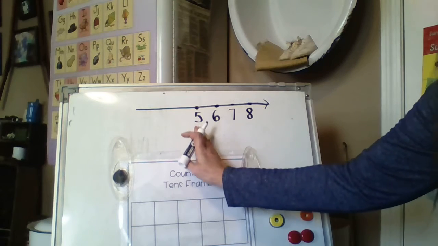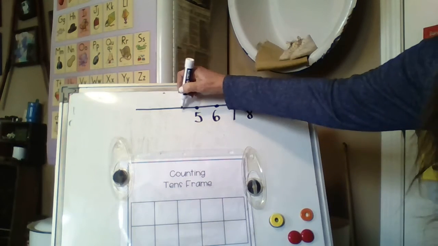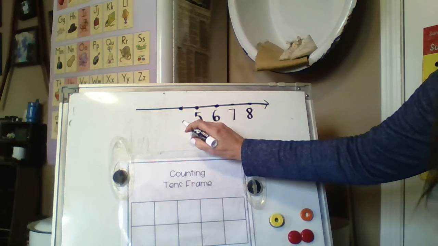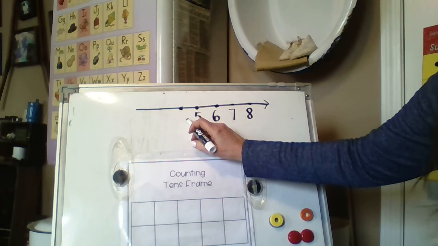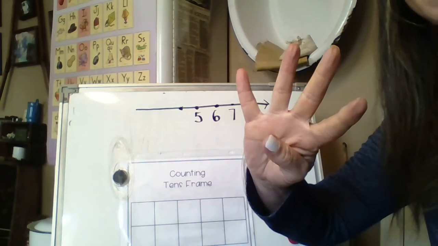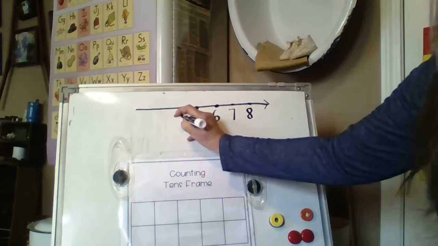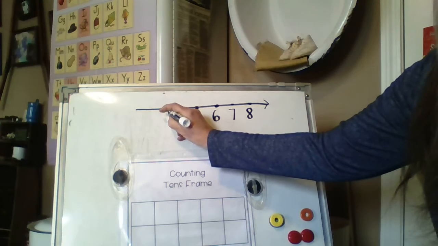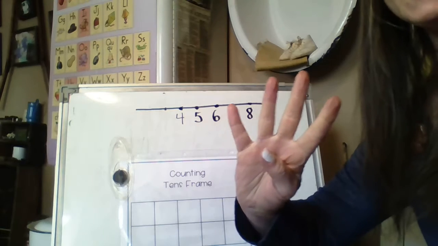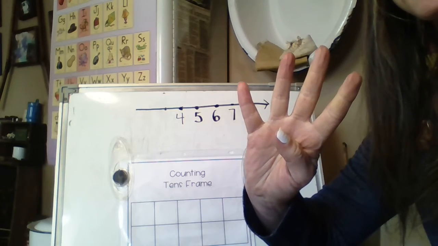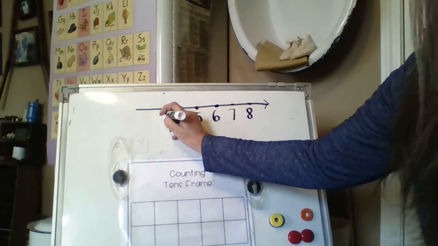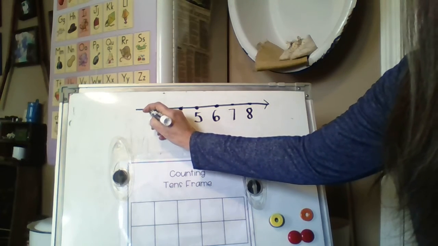Now let's talk about less. 5. What number is 1 less than 5? That's right, the number is 4. Let's keep going. Less. What number is 1 less than 4? That's right, 1 less is 3.